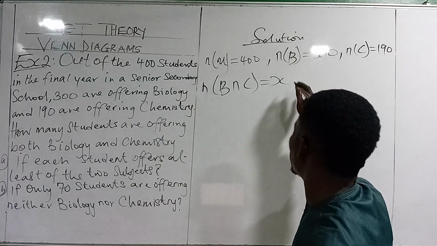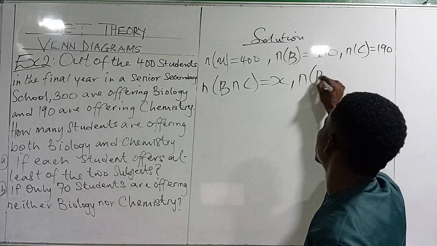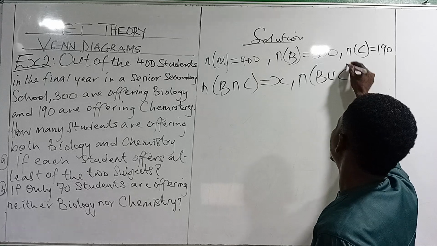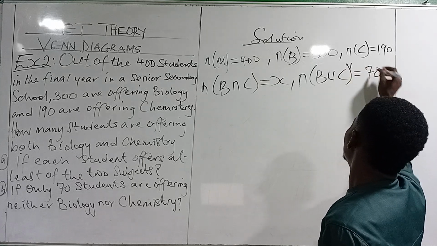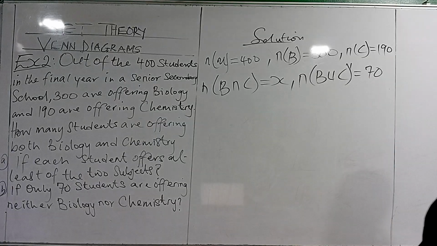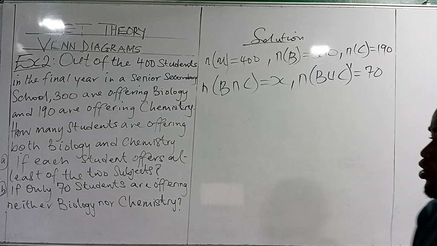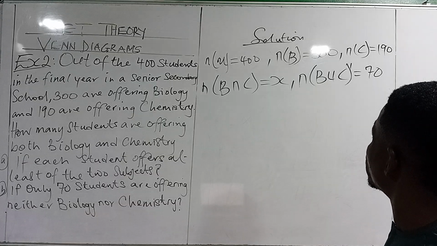So we have n(B union C)' equals 70, which is the number of the students who did not offer biology nor chemistry.